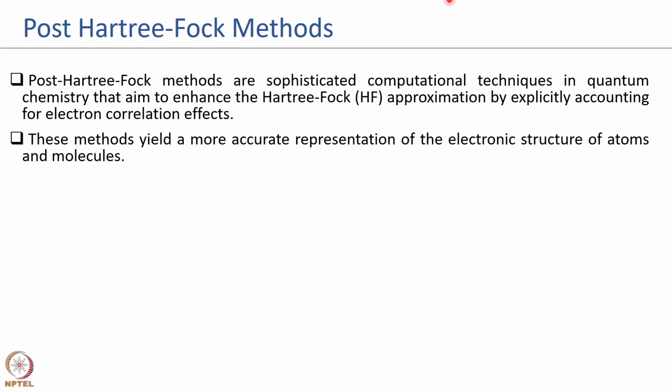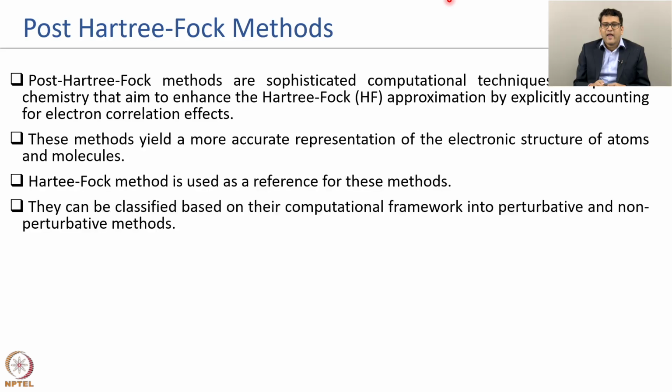These methods yield a more accurate representation of the electronic structures of atoms and molecules than what you get in Hartree-Fock, and because the Hartree-Fock method is used as a reference, one needs to make sure that the contribution of the correlation is not very high, because if my energy is very different from my Hartree-Fock, then it may not be captured by an approximate treatment of the correlation.